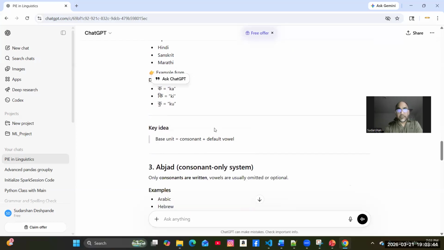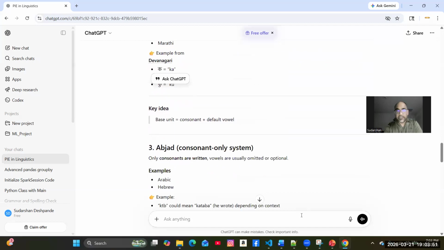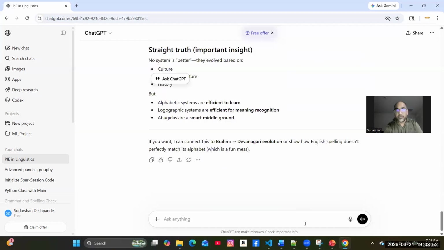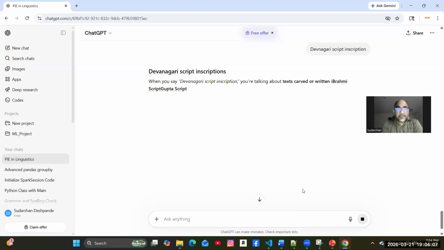So let's talk about the Devanagari script directly. That's the one that has been derived from the Abugida.